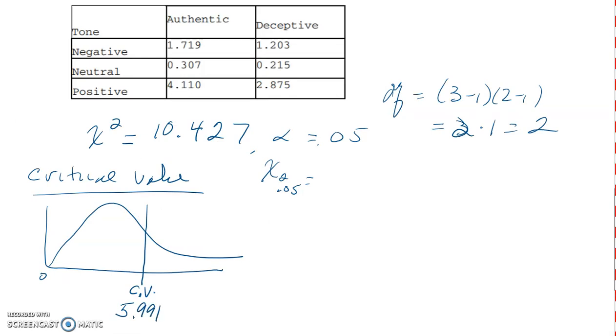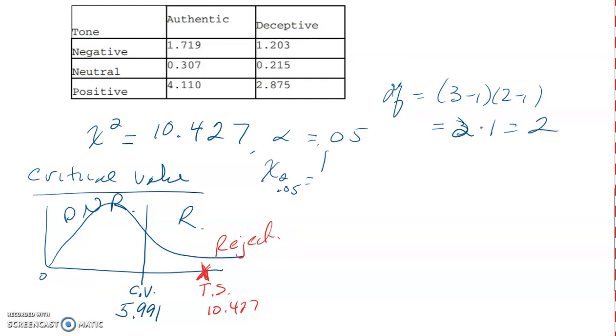In the critical value approach, we have a rejection region and a do not reject region. Think of all of these as a right tail test, so you only have one rejection region. Our test statistic was 10.427, which clearly is out here, which would lead us to say we are going to reject.